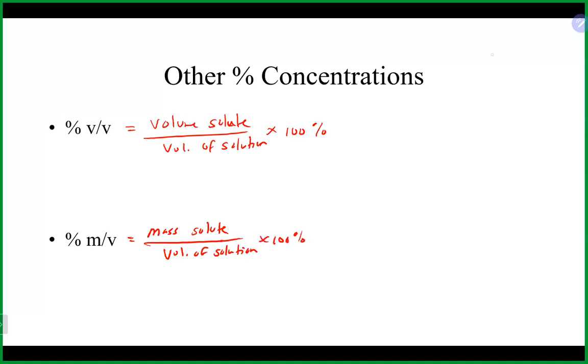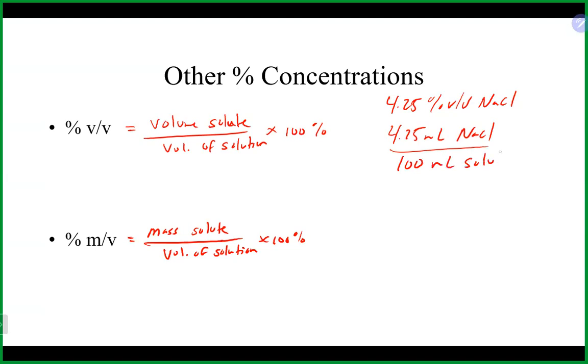So much like before, if I had a 4.25% volume to volume sodium chloride solution, that would mean I have 4.25 milliliters of sodium chloride in 100 milliliters of solution, which again you could use as a conversion factor, and you could flip it around if you needed to.